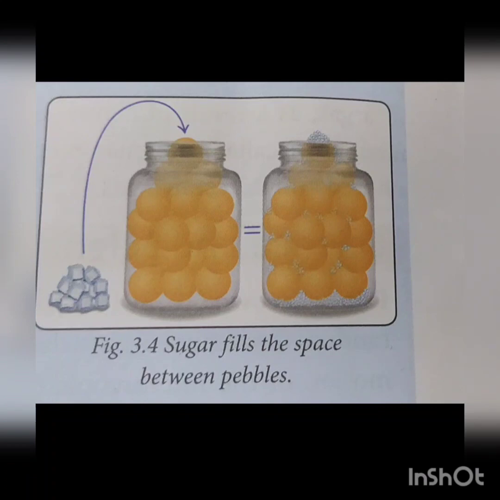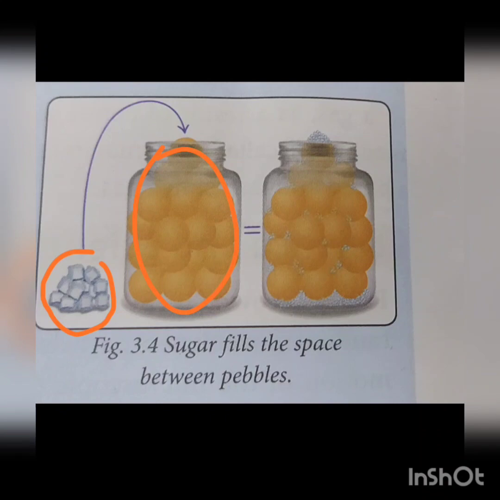We do one more activity to show that smaller particles occupy the intermolecular spaces between bigger particles. For this we take sugar, some pebbles and a jar. We fill the jar completely with pebbles. We will see a lot of space between the pebbles in the jar.